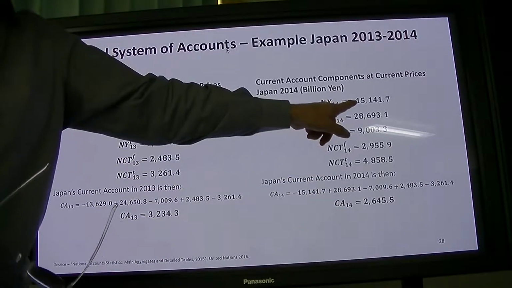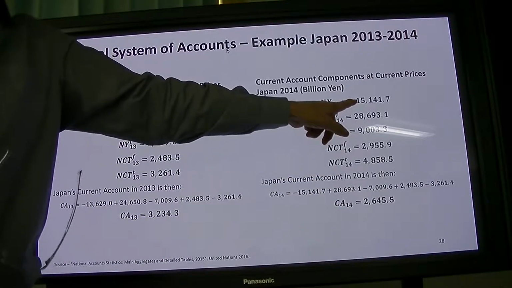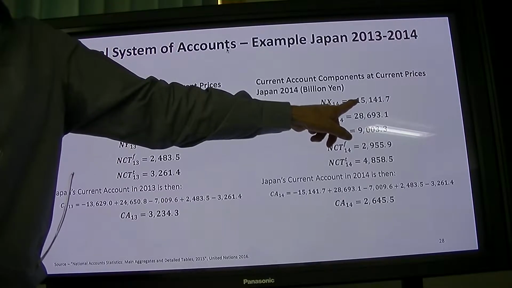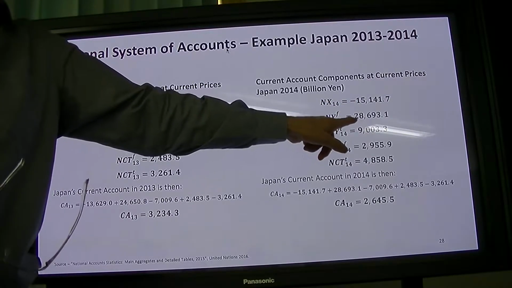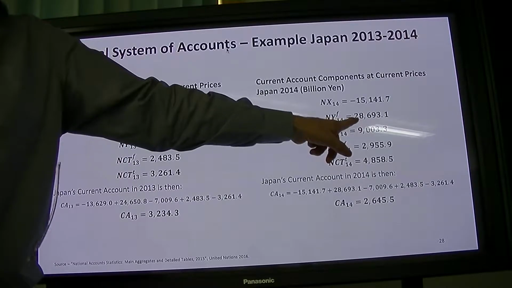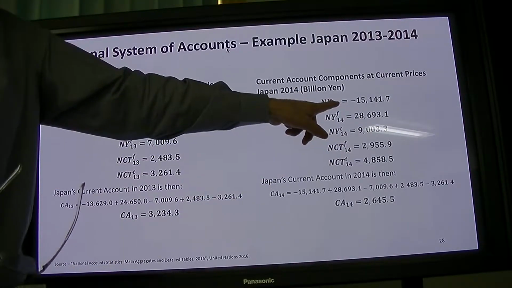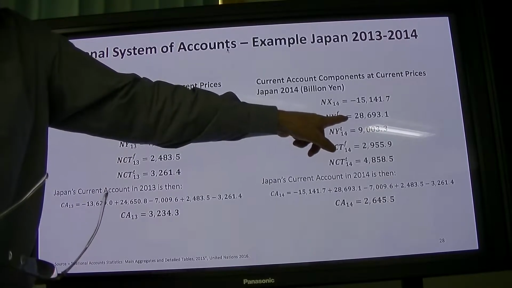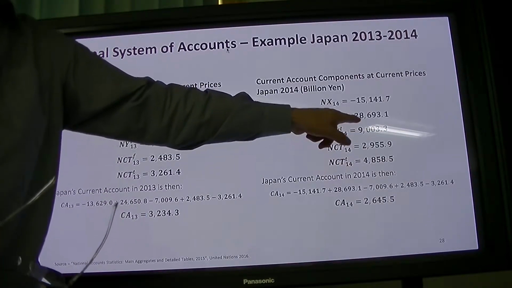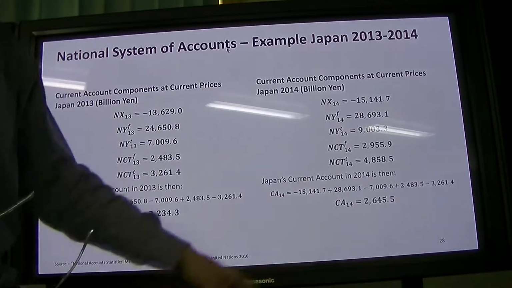So again, even though the net exports are quite negative, 15 trillion yen, here 28.7 trillion yen was the current account payments, and 9 trillion yen to the rest of the world, but still quite a large difference.